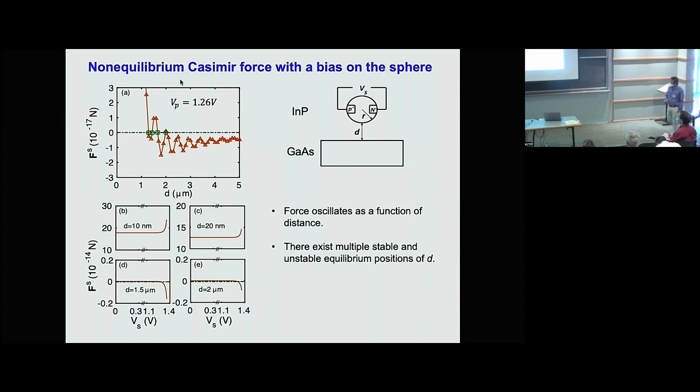Now, this kind of multiple stable and unstable equilibrium positions is known in the literature for thermally driven non-equilibrium Casimir forces. But what we show is that you can see this in a semiconductor situation with very typical parameters that one typically uses for semiconductors.